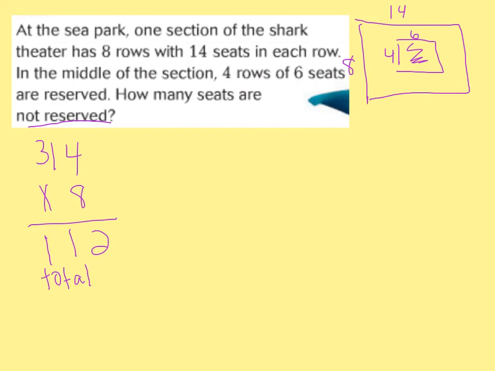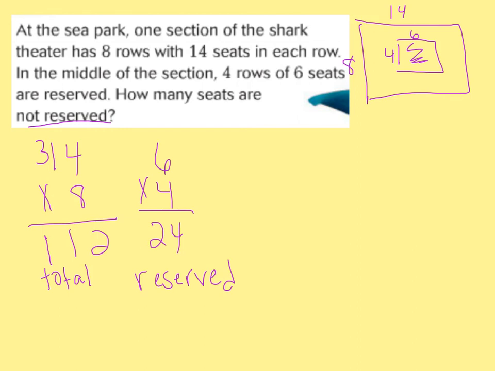Now we need to find this section of seats that are reserved. 6 times 4, we have 24 seats reserved. Now we have to find out those remaining seats that are not reserved.